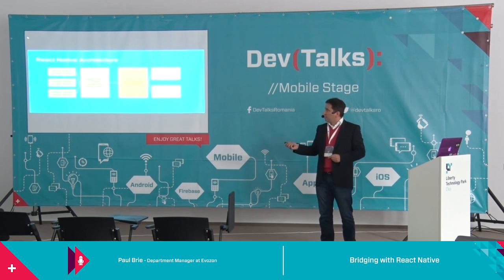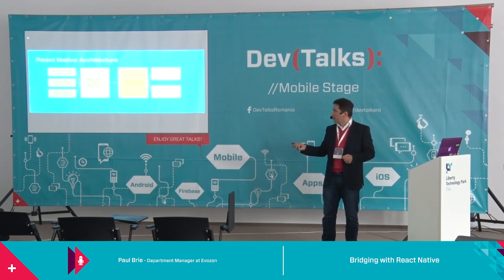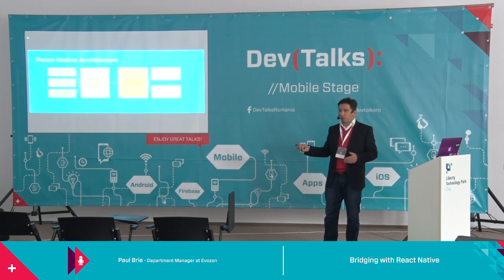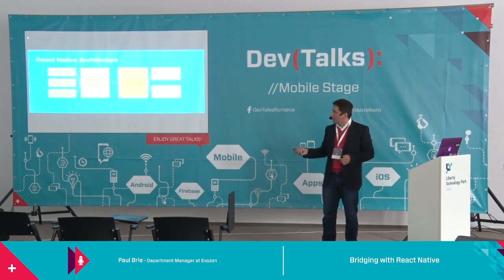So basically, in a standard React Native application, there's almost no Android code. I'm saying Android because that's going to be my demo. There's almost no Android code that you will write here, or probably not at all. Most of your code will be in JavaScript. And for longer operations, you will use workers.